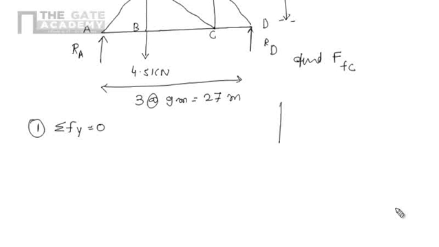So along the y direction, this one is positive y and this one is negative y. The algebraic summation of all forces along the y direction should be zero. RA is acting in upward direction, so positive. Similarly, RD is also acting upward, so positive. This 4.5 is acting downward, so minus 4.5.